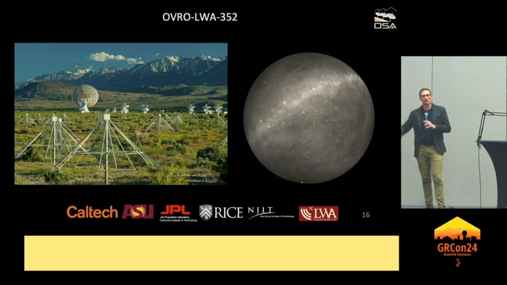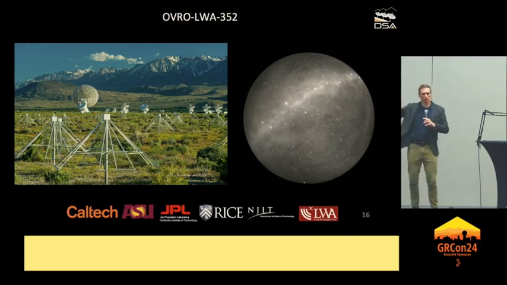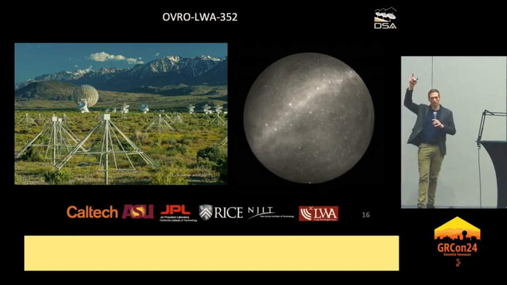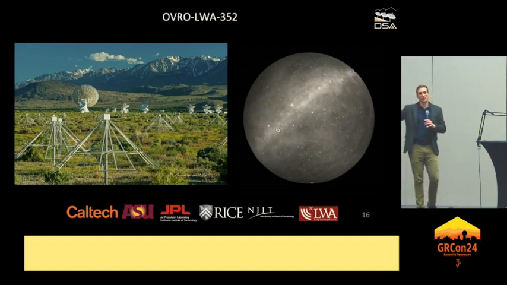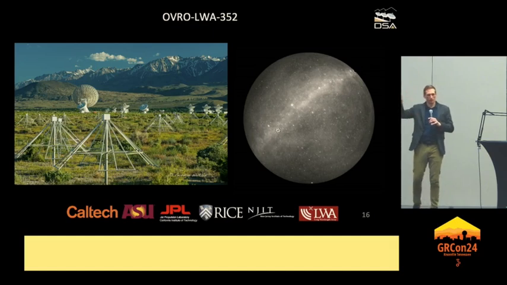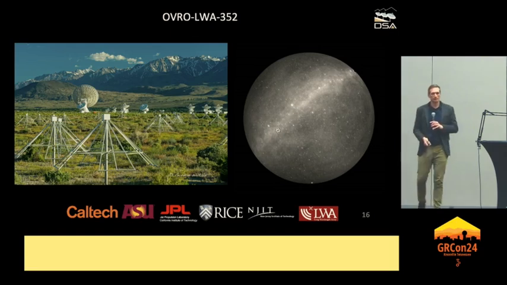The edge of the circle is the horizon, and the center of the image is the local zenith. We see the Milky Way come across. Occasionally we see satellites and airplanes, those bright spots that come through. So that helps us prototype and validate the concept of the radio camera.